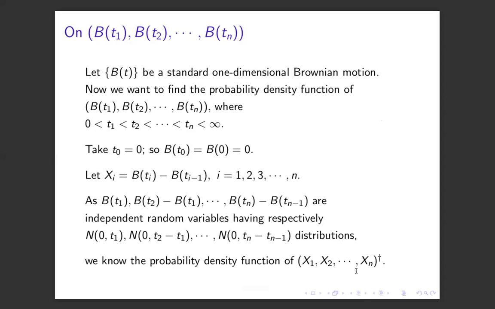Any expectation of xi xj is 0, for i not equal to j. So the covariance matrix is just a diagonal matrix, and the diagonal consists of the variances of the xi's. Variance of x1 is t1, variance of x2 is t2 minus t1, variance of xn is tn minus t(n-1). So the covariance matrix sigma is the n cross n diagonal matrix where the ith diagonal entry is ti minus t(i-1).